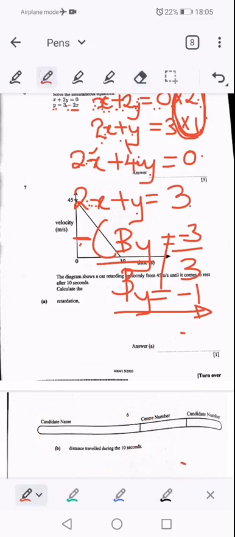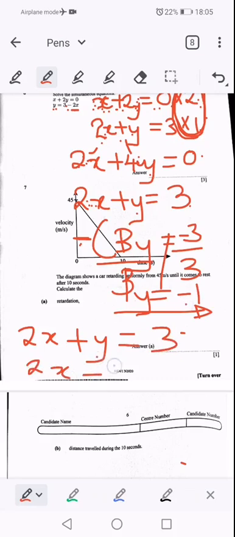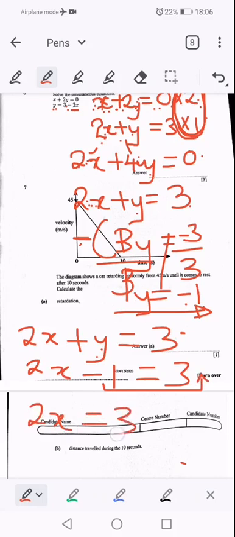Alright, I'm going to take the second equation, which is 2x plus y equal to 3, like this. Then 2x apa ndikatora minus 1 ndikaisa pana y inozoita minus 1. Anditika because value of y is minus 1. Then equal to 3. Then collect my like terms. So inenge have 2x equal to 3.